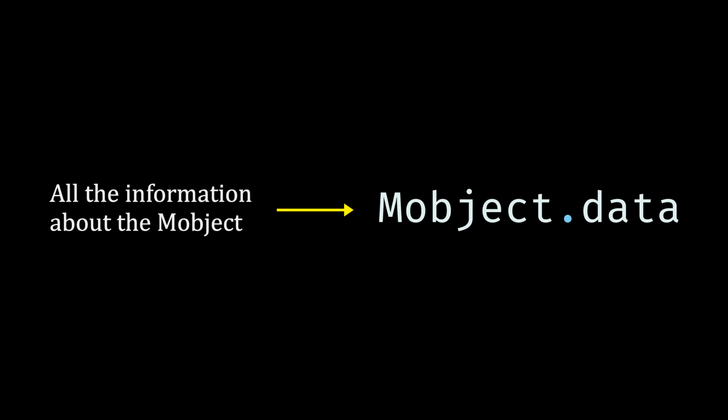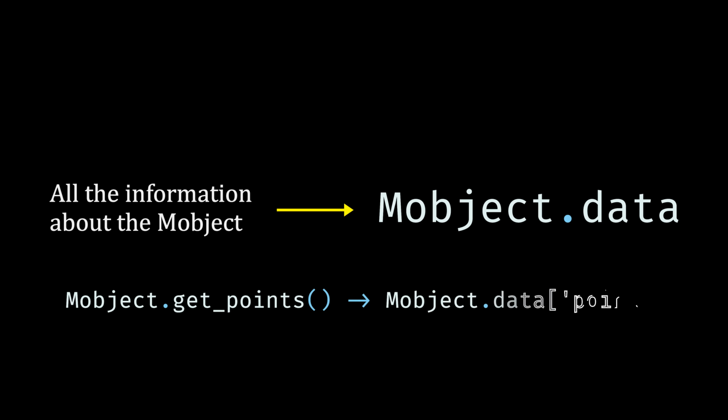Now, Manim stores the coordinates of these points as an object's attribute called data. And if I want to access this information, Manim provides a method mobject.get_points, which essentially is returning mobject.data["point"]. Now, depending on the type of mobject, I will get different information when I access mobject.data.